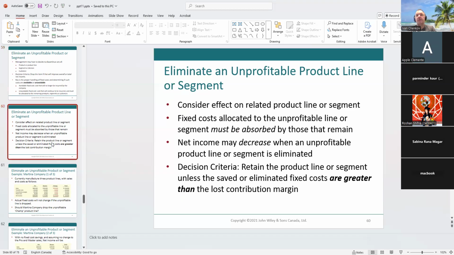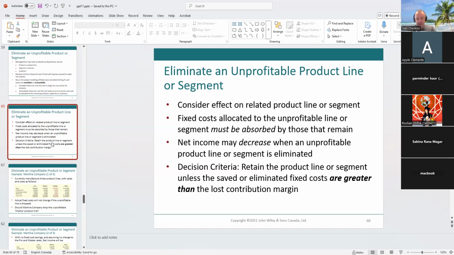Now, we're going to consider the effect on the related product line or segment. Fixed costs allocated to the unprofitable line or segment must be absorbed by those that remain. So the net income may decrease even if the unprofitable line or segment is eliminated.